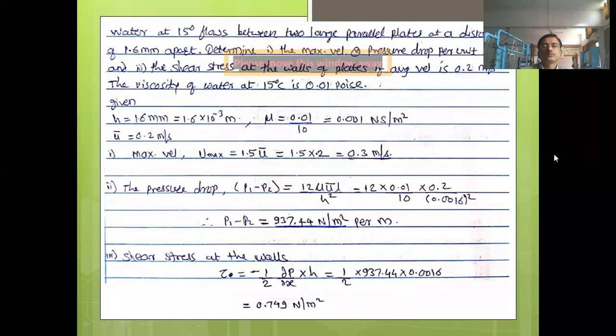U bar is given in the problem, that is 0.2. So the answer we have got here is maximum velocity u max is equal to 0.3 meter per second.